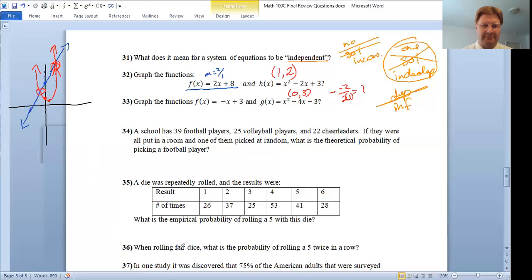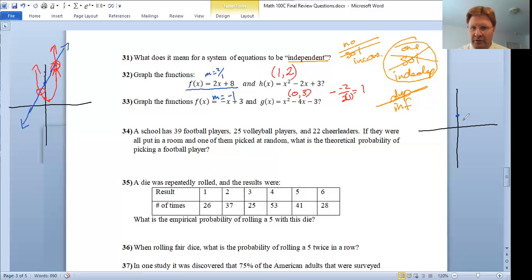Number 33. Let's do this one again. Graph the functions negative x plus 3. We'll graph this guy over here. The line we'll do in blue again. So 0, 3 right there, and the slope here is negative 1 over 1.